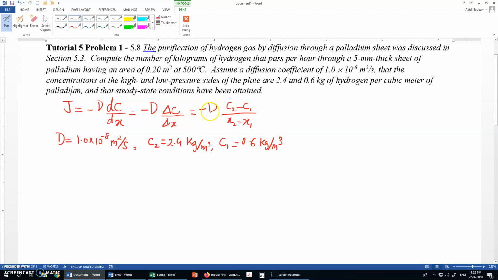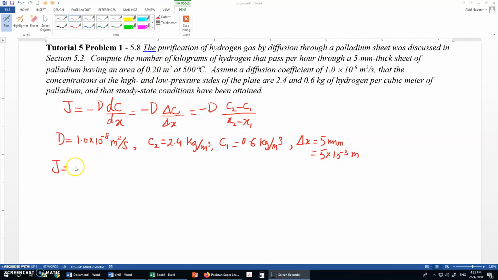From this we can find the value of J. Delta x is the 5 millimeter thick sheet, which in meters is 5 × 10^-3 meter.